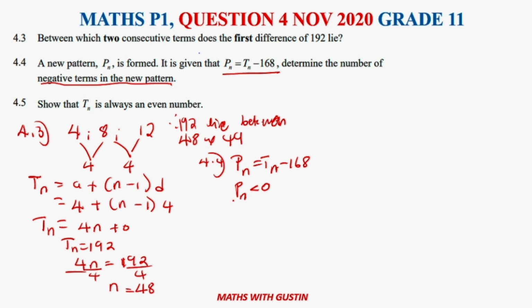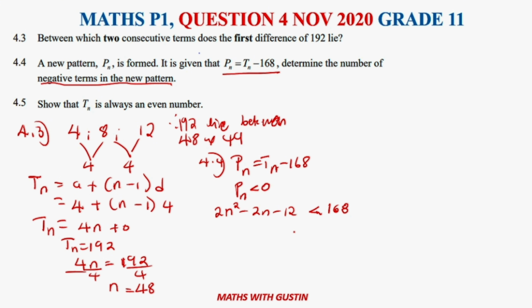So our Tn, it is given by 2n squared minus 2n minus 12. It should be less than this 168. Remember this 168 here. That's what you're looking for, guys. That's what we're looking for.